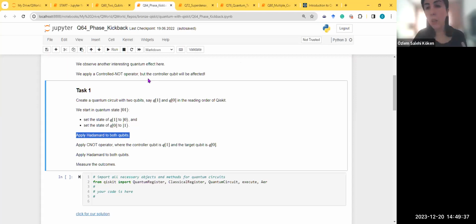This may seem odd. We are applying a CNOT where this is control and this is target, and, just a second, let me think. Will the output be 11, or actually I think it will be 00. Let's run the circuit to make sure.